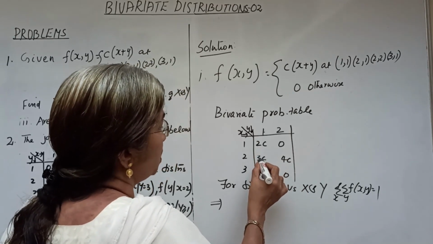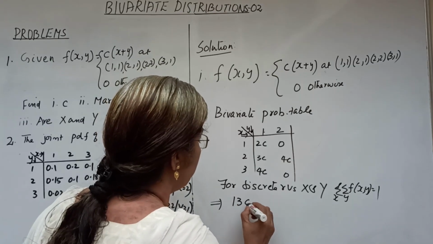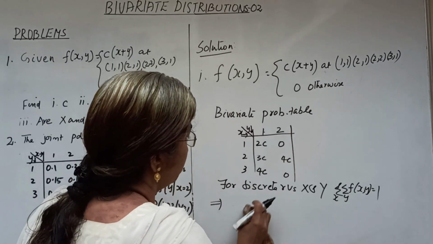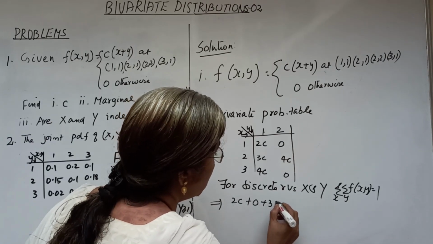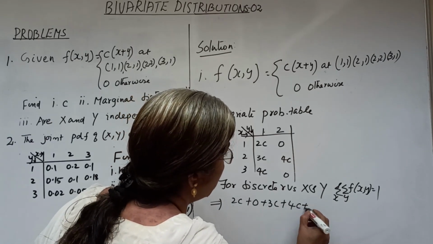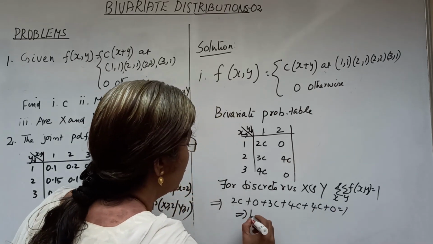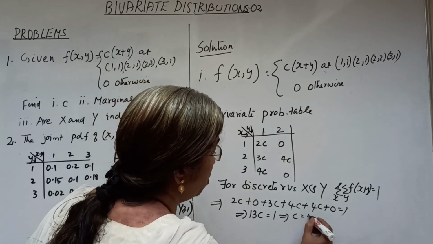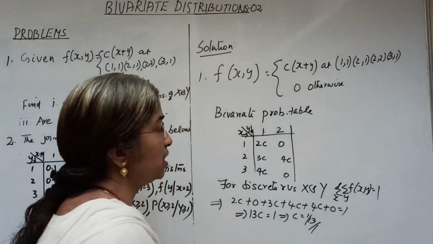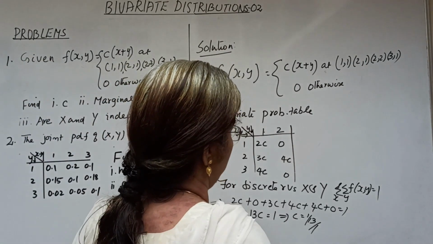That is 2 plus 3, 5 plus 4, 9 plus 4, 13c equal to 1, which implies c equal to 1 by 13. That is, we have obtained c as equal to 1 by 13.